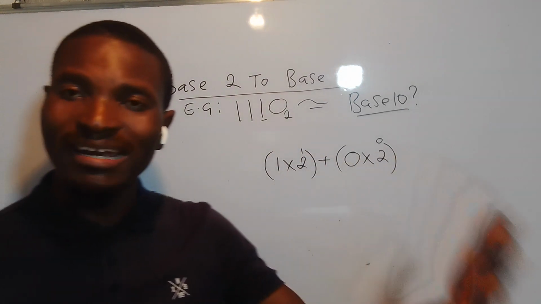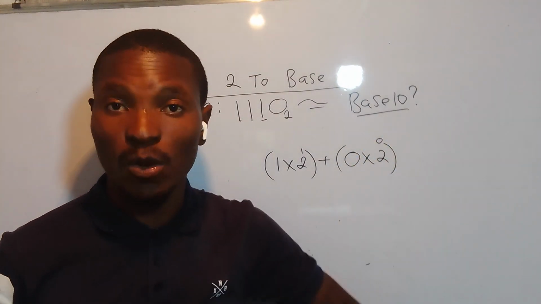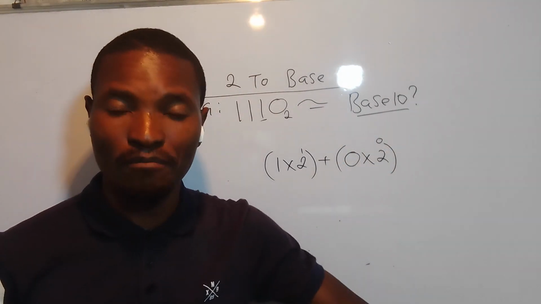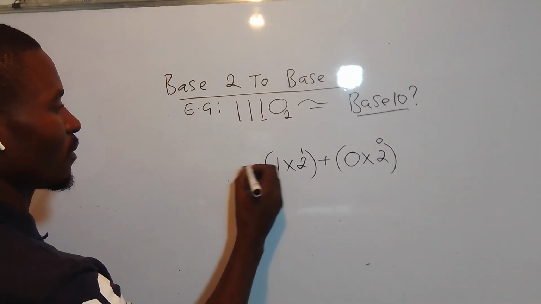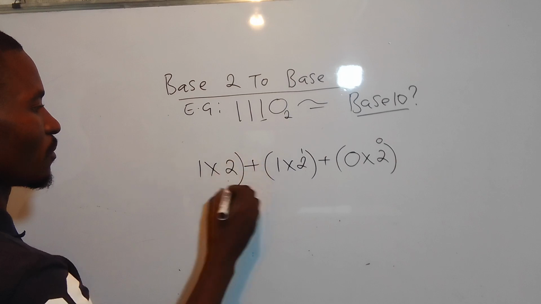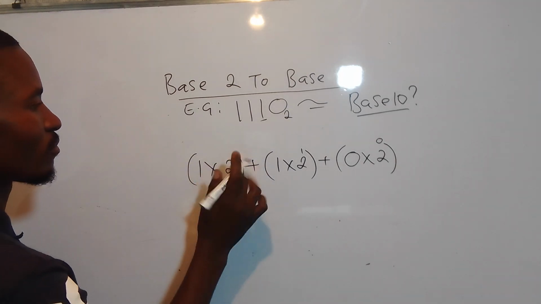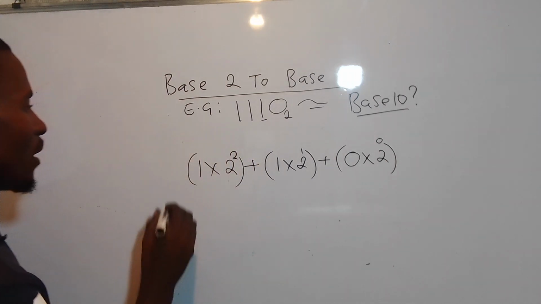So now the place values in base 10 become the powers of the given base. Then plus 1 multiplied by 2, and this is power 2.